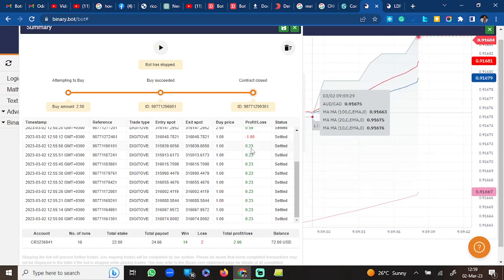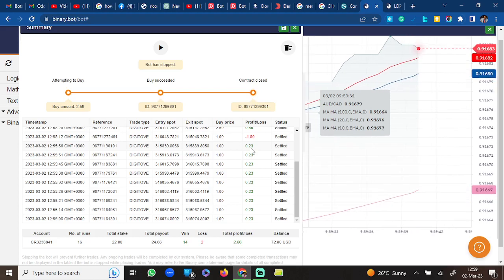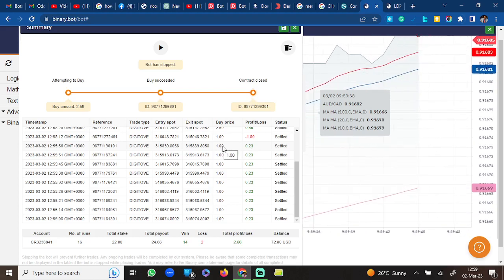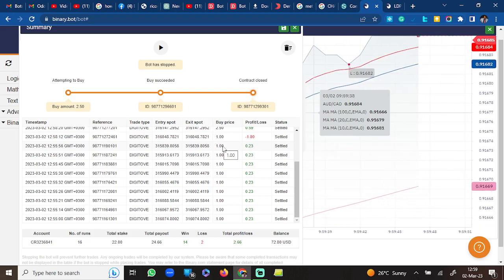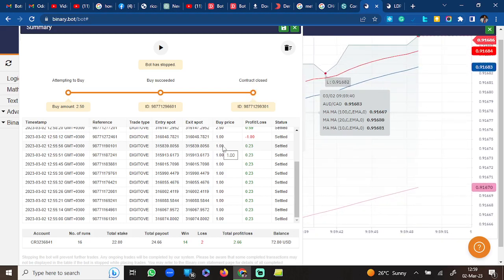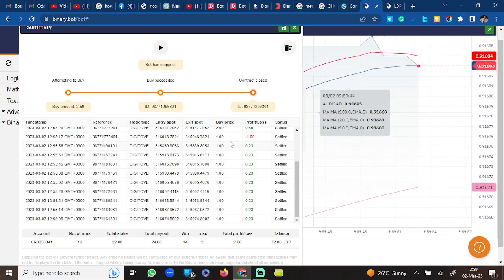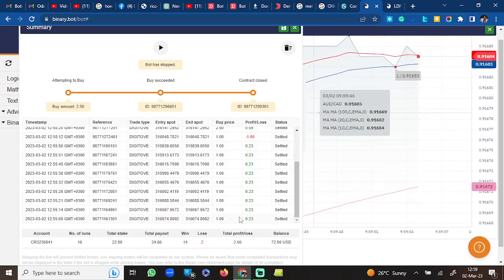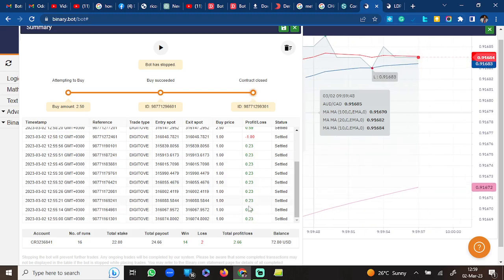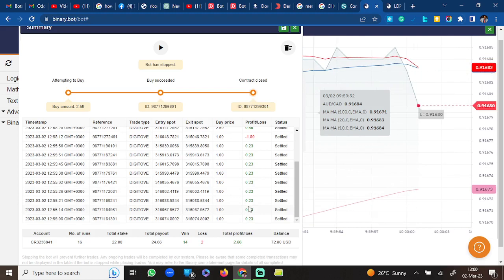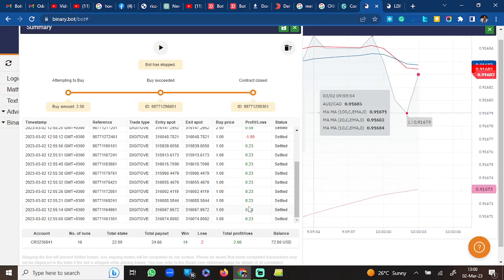Assuming this is someone who has a big account and they were staking, let's say $10 or maybe $100 or $50. With 9 wins, this person exits the market. You see that all are clean wins, and they will sell you the bot without giving you the disclaimer of not staying in the market for too long.